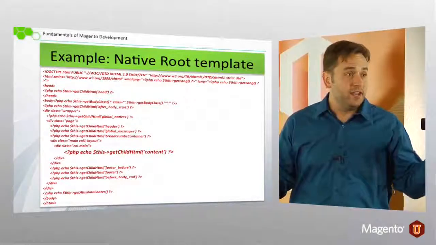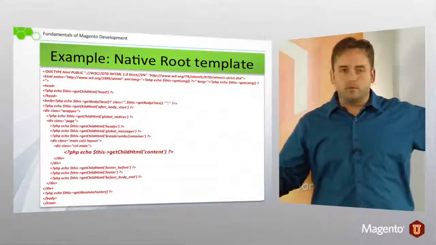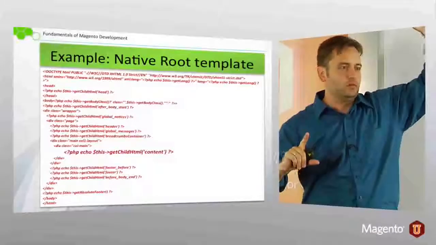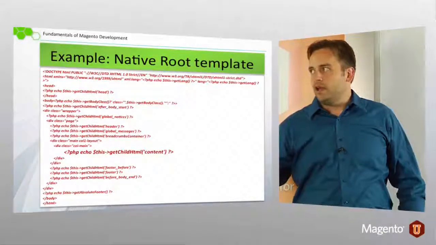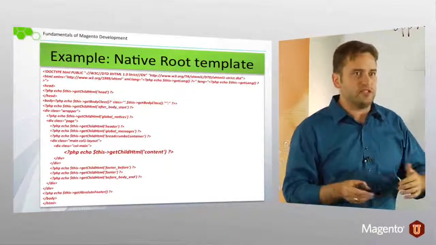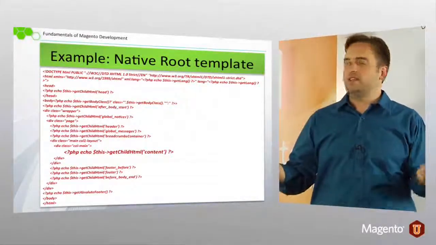So we have these various little function calls, and then we have our getChildHTML, and we specify something. So in the root template, I really shouldn't have erased that. You have your basic structural block, one column. And we need to get that head block because we need all of our instructions, our JavaScript, CSS, and meta information. Well, that's all contained in some head block.